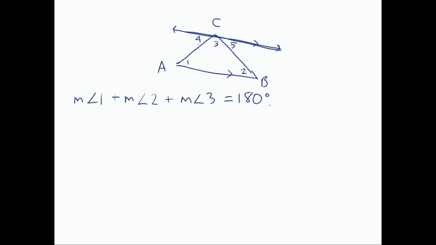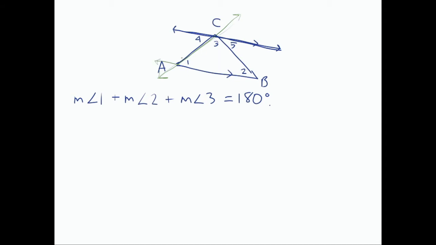So let's take a look at these other angles up here. Let's look at angle 4. And let's keep in mind that we have two parallel lines. Let's imagine that AC, this line, is a transversal, and it goes right through these two parallel lines here.